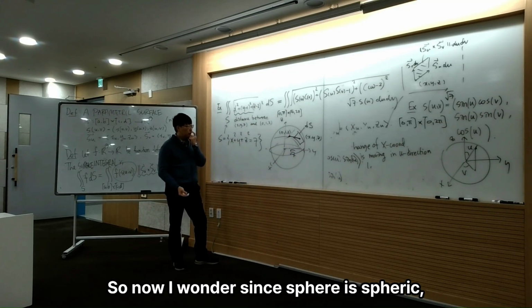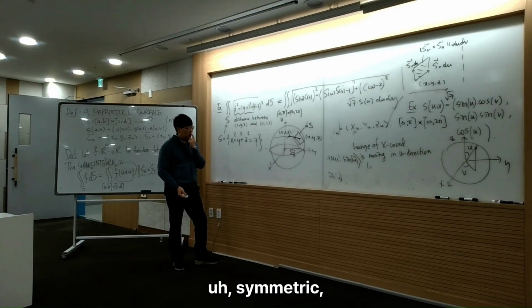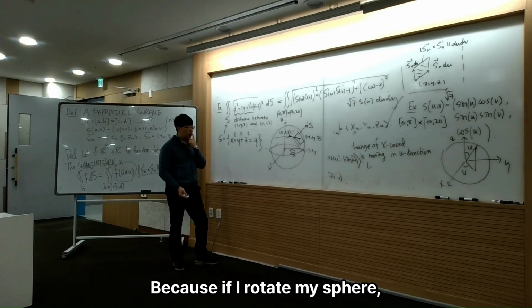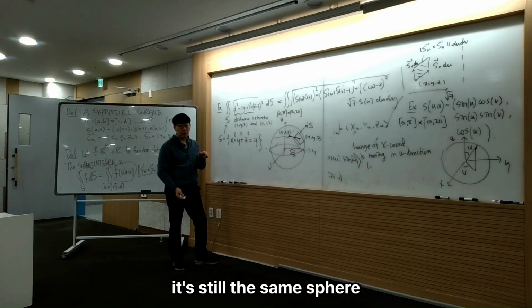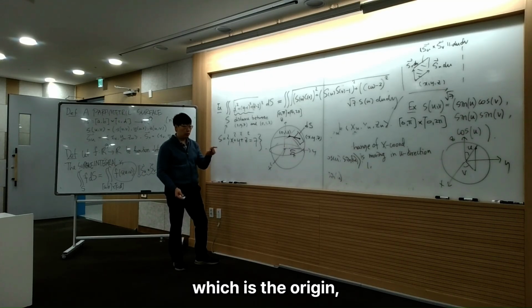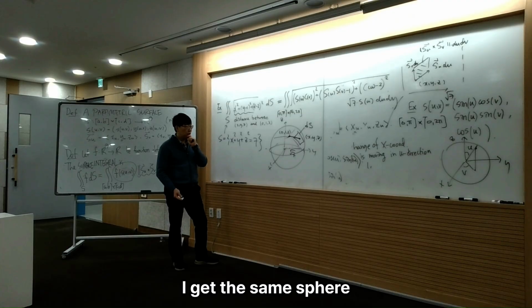Now I wonder, since the sphere is symmetric, this fixed point 0, 1, 2 doesn't have to be at this point, because if I rotate my sphere, it's still the same sphere. If I rotate it with the fixed center, which is the origin, I get the same sphere.